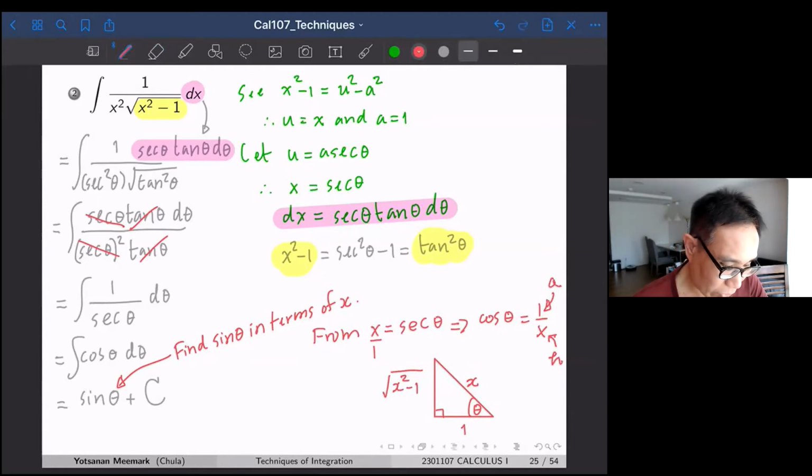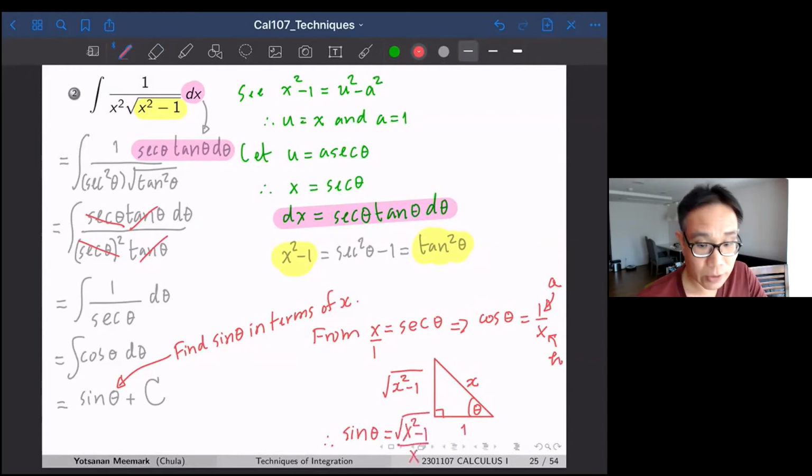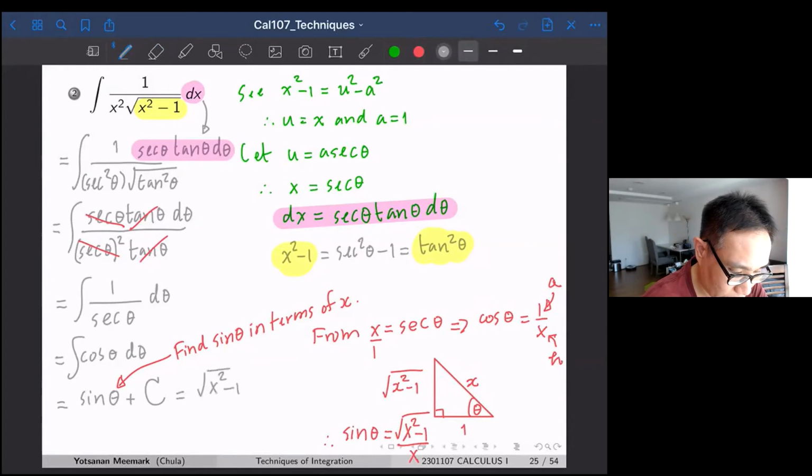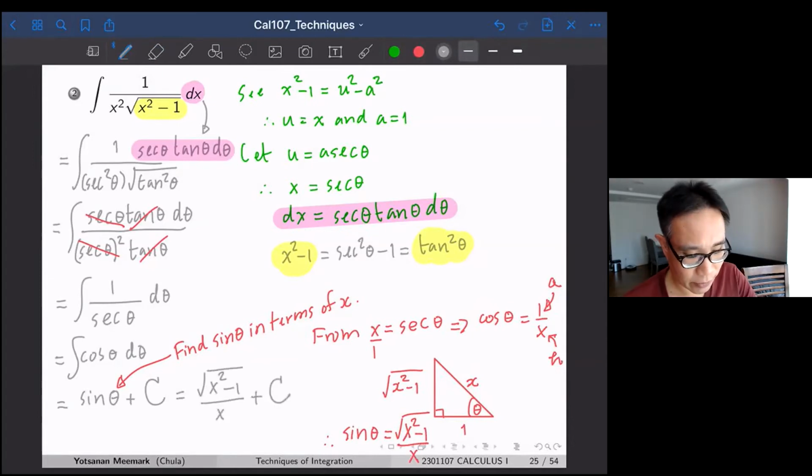So you get sine theta from this picture turning out to be opposite over hypotenuse, square root x squared minus 1 over x. So that will be my final answer. It's going to be square root x squared minus 1 over x plus c for the final answer.